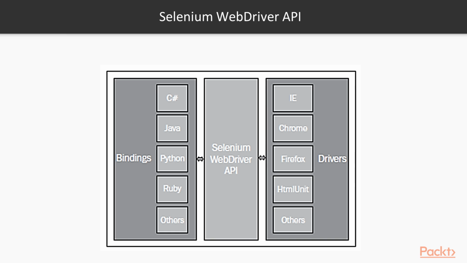So, the Chrome driver knows how to handle the low-level details of the Chrome browser and drives it to do things, such as clicking on a button, going to pages, getting data from the browser itself. The same thing goes for Firefox, IE and so on. In this video, we have understood about WebDriver architecture and WebDriver API.